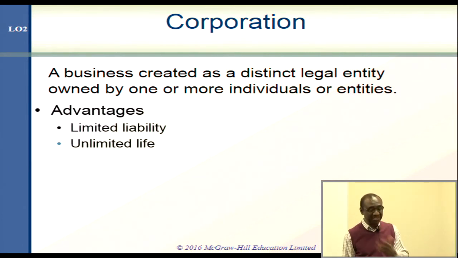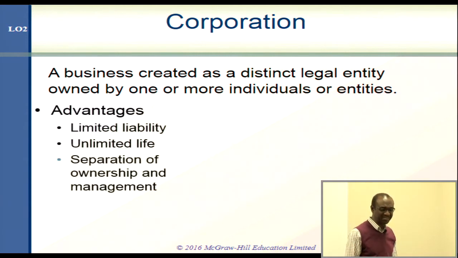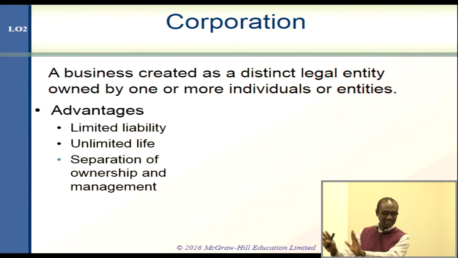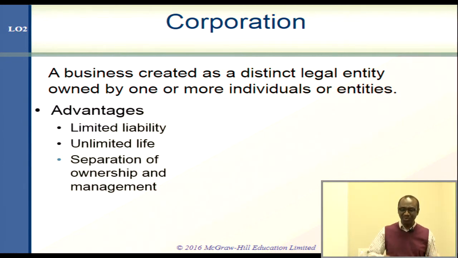Equally, there's a separation between the owners and management. Okay, so the owners are the shareholders, and the management are the employees. And as such, we have what we call the principal and agent relationship.